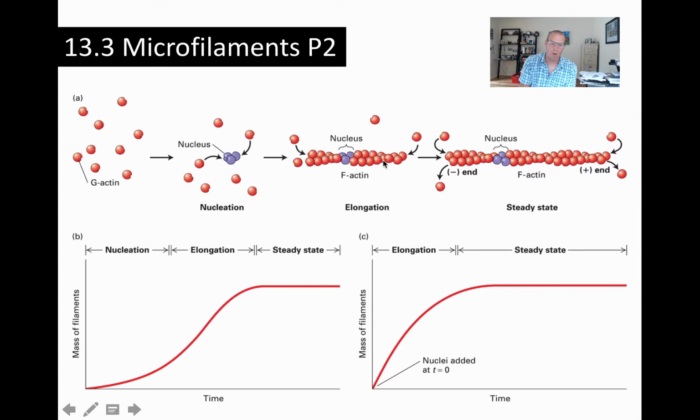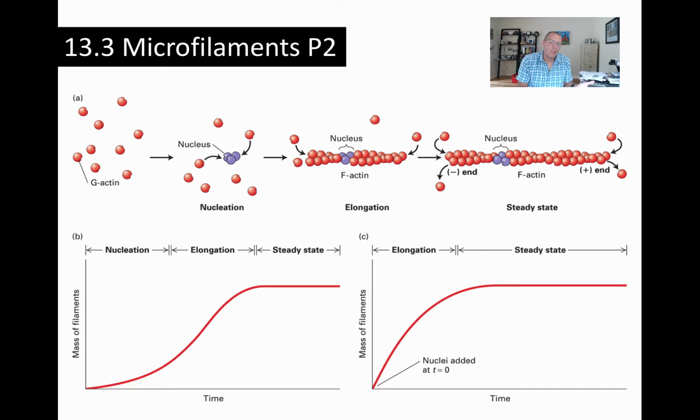the critical concentration. So we still have this concept of critical concentration, which is the concentration which determines whether you get polymerization or depolymerization. So we get this elongation, until then, in the third phase, the ends of the filament are in a kind of steady, stable state with monomeric actin associating and dissociating.